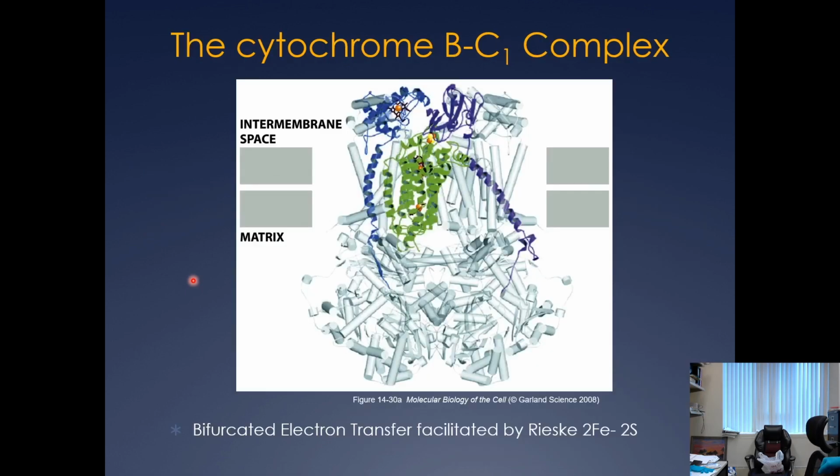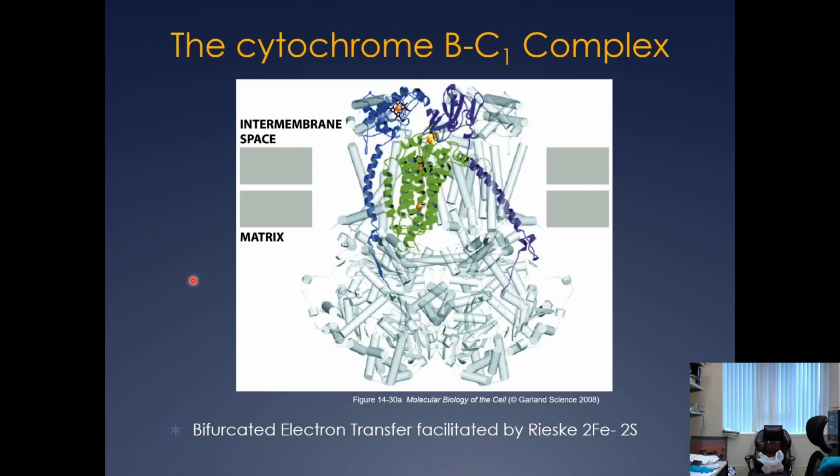Okay, now on to the cytochrome BC1 complex. So I've covered a little bit of cytochrome oxidase and how electrons transfer, and I want you to understand that, but I don't necessarily need you to memorize it.